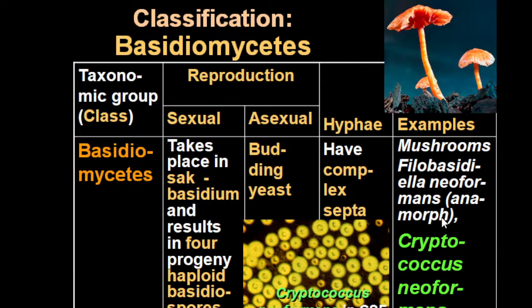In this group we have fungi that usually cause mushrooms, right? So that have these bodies. But among the pathogenic fungi, we have Cryptococcus neoformans, and that's how it appears in the cerebrospinal fluid, in the form of yeasts.